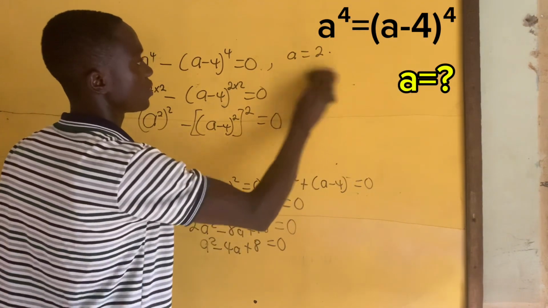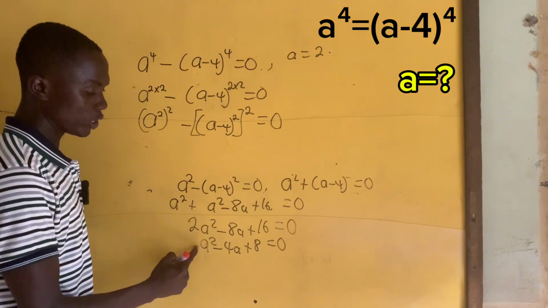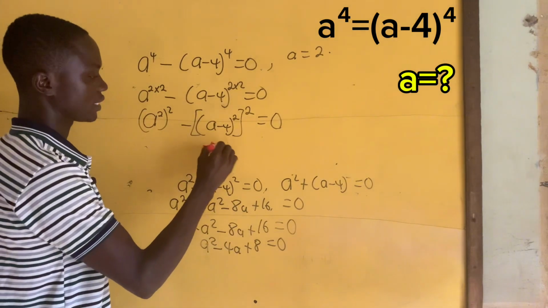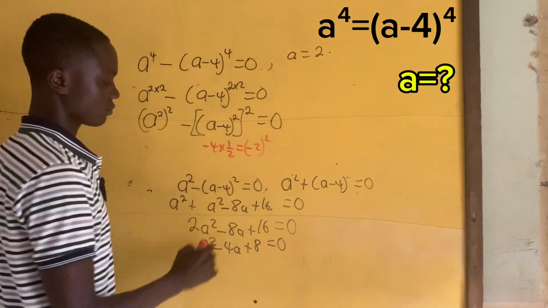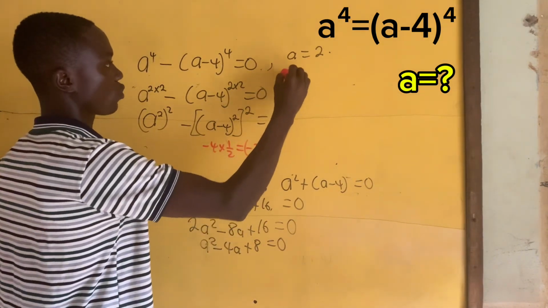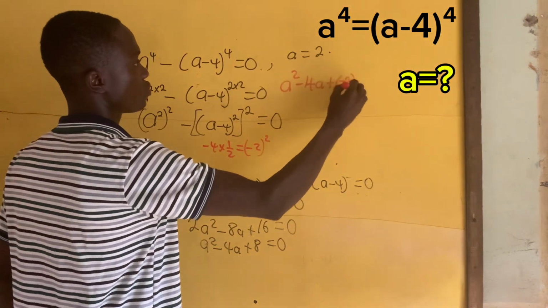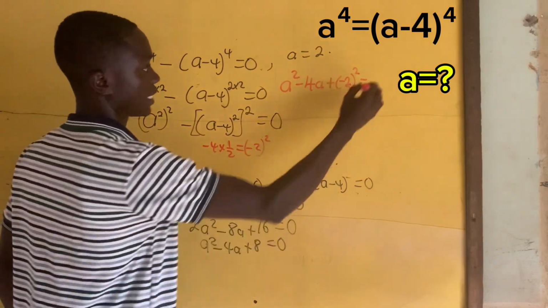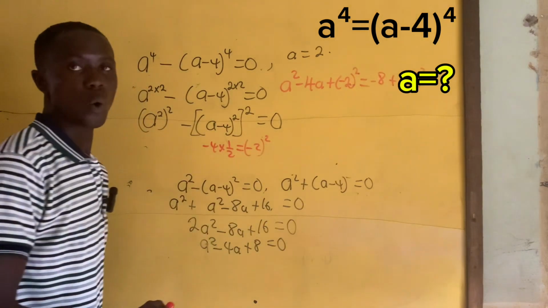So if we want to complete the square for this, the coefficient of a squared is positive 1. So we just take half of the coefficient here. We take minus 4 times half, that gives minus 2. Then we square this. So we're going to get a squared minus 4a plus (minus 2) squared, because we take this 8 to this side, getting negative 8 plus (minus 2) squared.